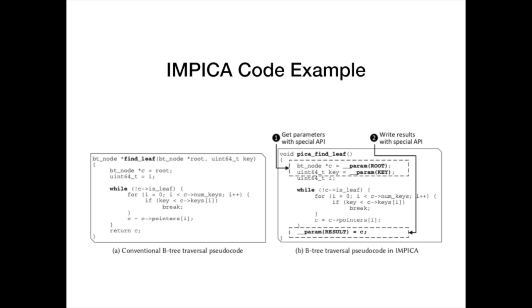First, instead of the parameters being passed in directly, they're accessed by the __param API, which ensures that the program explicitly reads the parameters from the predefined memory map locations of the data RAM. And at the end, instead of the usual return statement, again, the param API is used to place the result into memory.